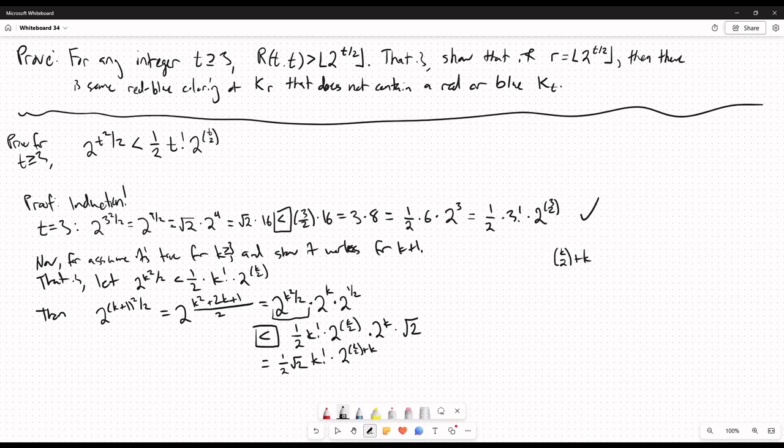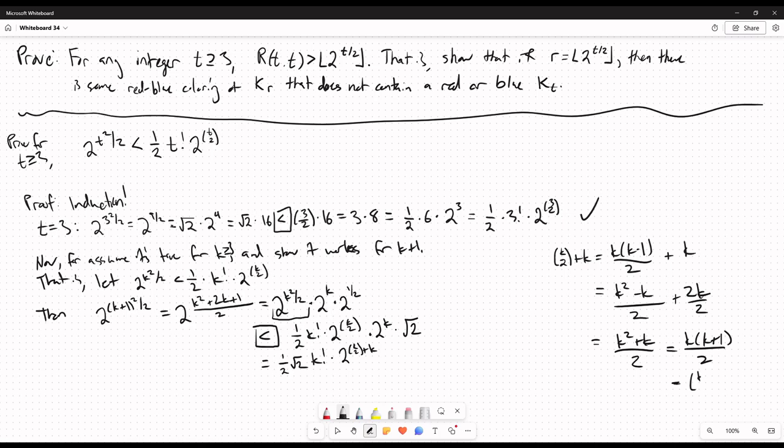And what is this k choose 2 plus k? Well, k choose 2 is going to be k times k minus 1 over 2 plus k. Well, that's going to be k squared minus k over 2 plus 2k over 2, which is going to end up being k squared plus k over 2, which, son of a gun, that's k times k plus 1 over 2, which is k plus 1 choose 2.